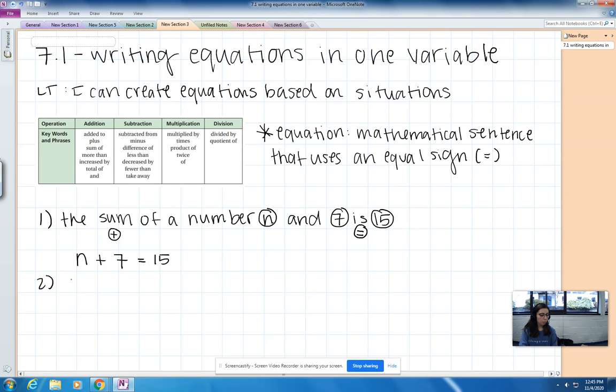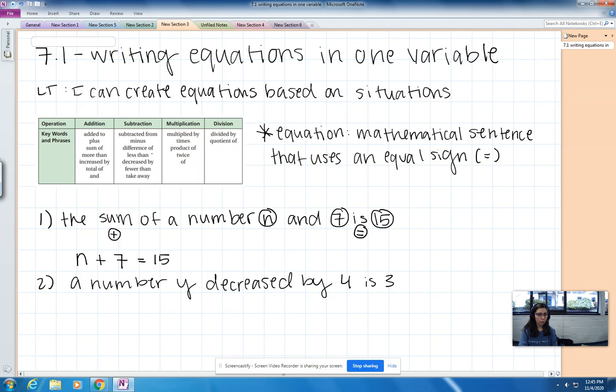Example 2, this one says a number y decreased by 4 is 3. So again, we're going to read it. We're going to pick out keywords that help us understand what operations we're using. So it says a number y decreased by.